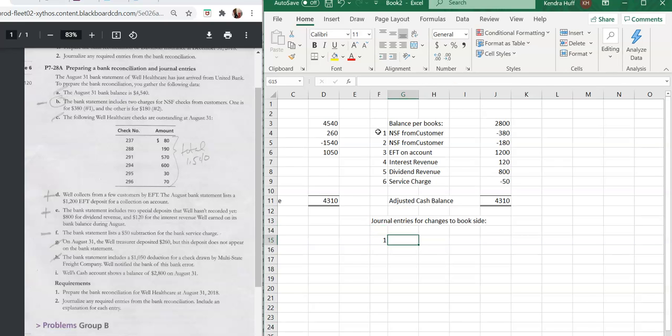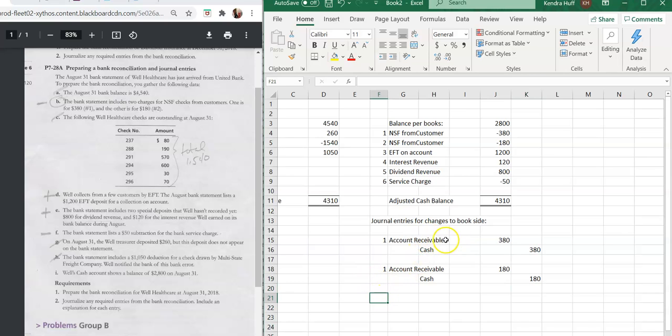All right, the first one, accounts receivable and out of cash. Now if you like, you could make that one entry and add the two numbers together. I don't really care. So number 2 is going to be the same journal entry, but for 180. You could have just done one journal entry for 560 if you would prefer.